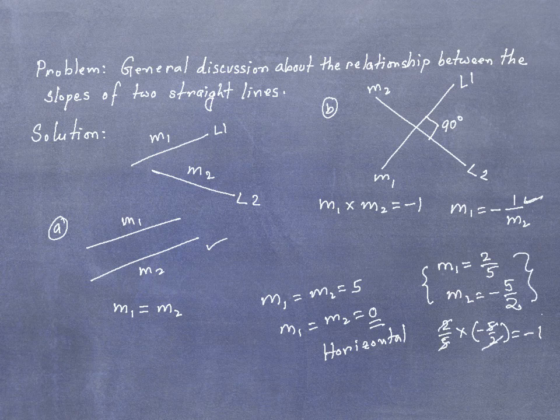Now, if this relationship holds between two straight lines, then the lines must be perpendicular to each other. So, if a problem gives you these as slopes of two different straight lines, what can you conclude about these two straight lines? The lines must be perpendicular.